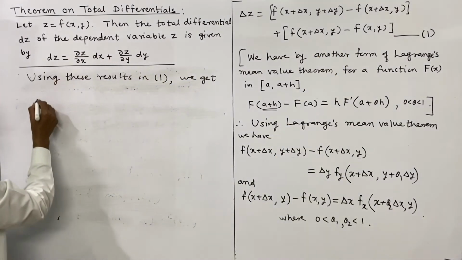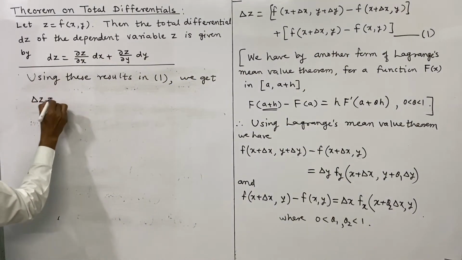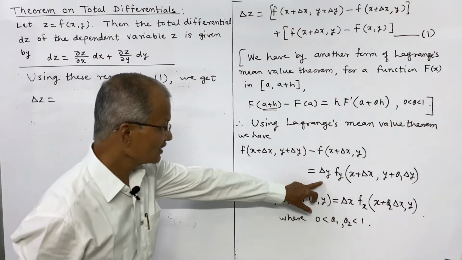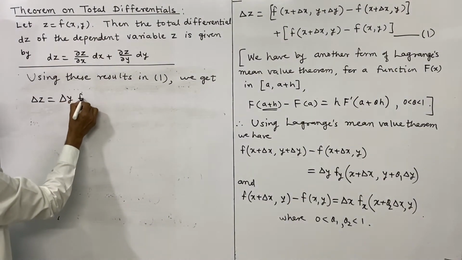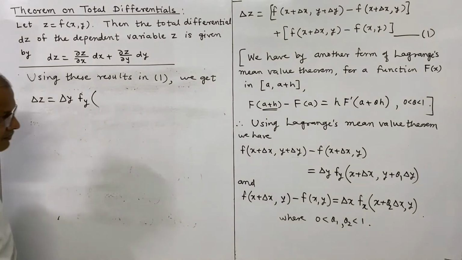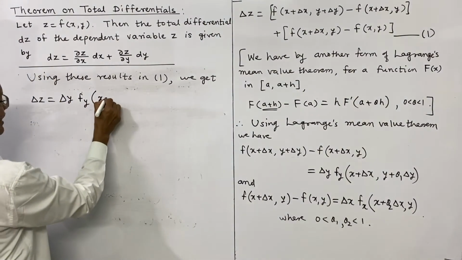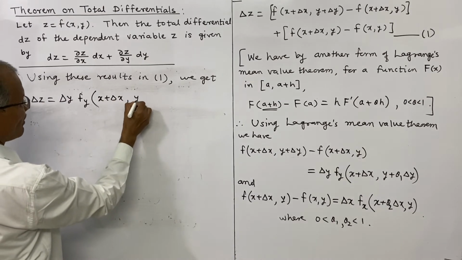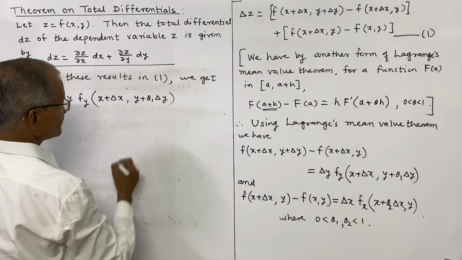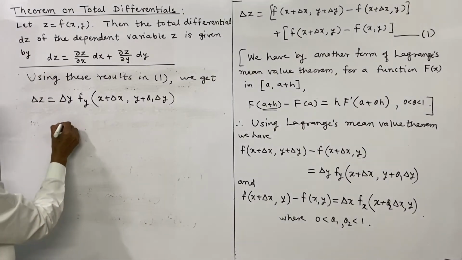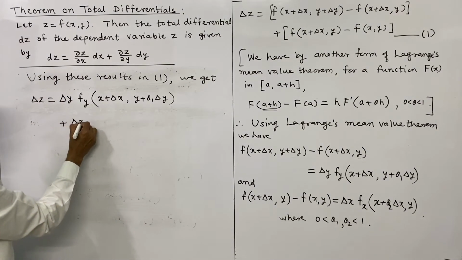We get delta z is equal to, this is the first value, delta y times the partial derivative of f with respect to y at the point x plus delta x, y plus theta 1 times delta y, and plus the second value, delta x.